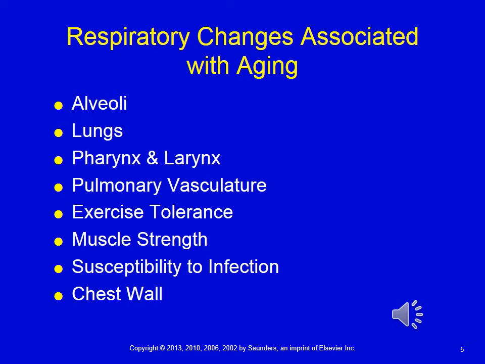Respiratory disease is a major cause of illness and chronic disability in older patients. Although respiratory function normally declines with age, there is usually no problem keeping pace with the demands of ordinary activity. The sedentary older adult, however, often feels breathless during exercise.